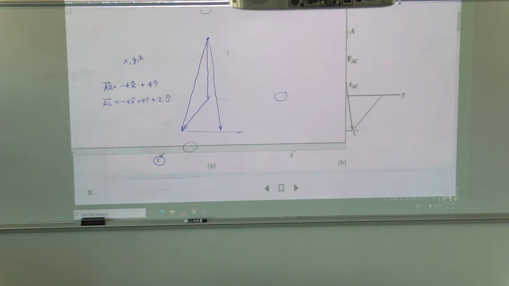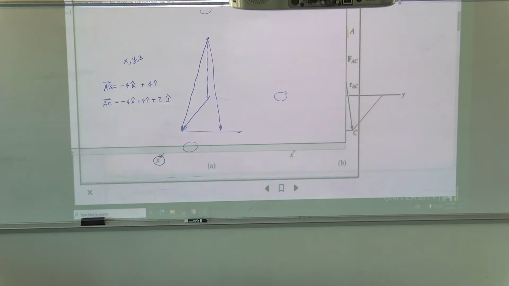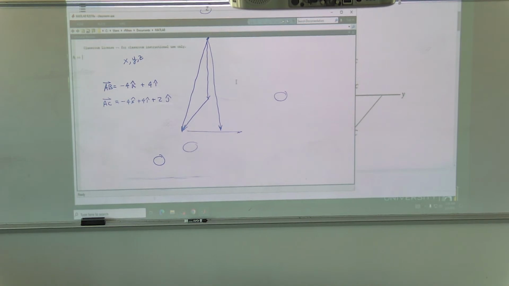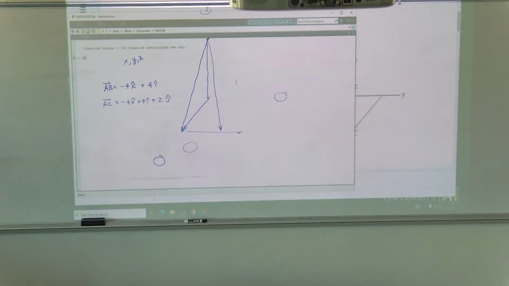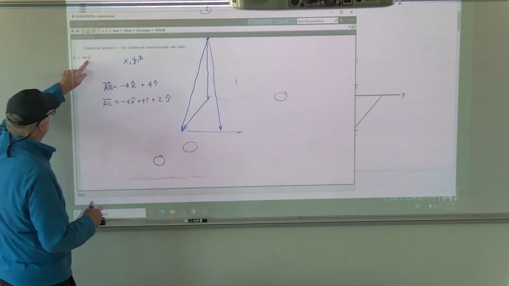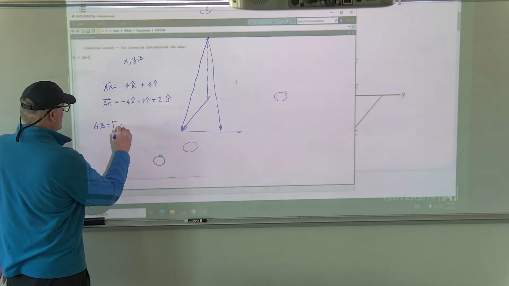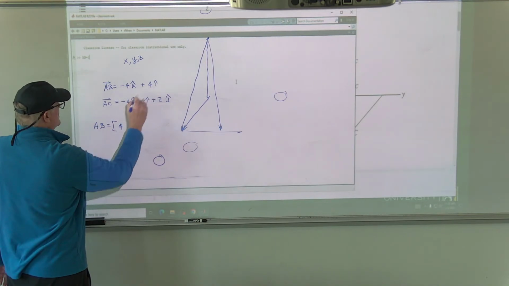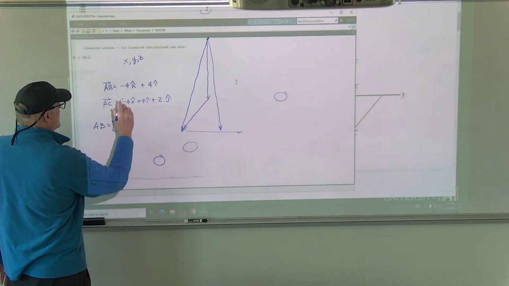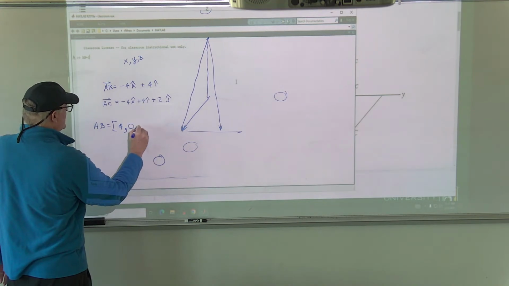So I'm just going to use the letters AB and AC for my vectors. The first one was AB, and I have to remember that when I'm entering this, I'm going to enter AB equals, and put the X component first, then the Y component, and then the Z component.